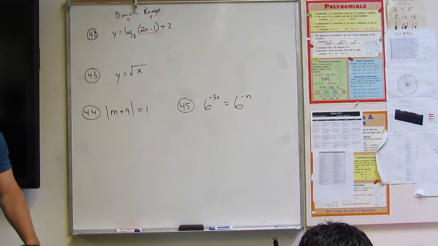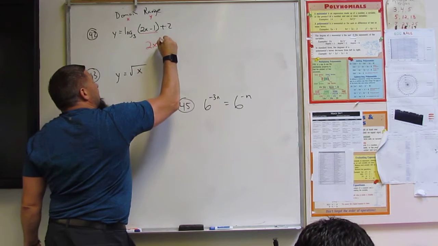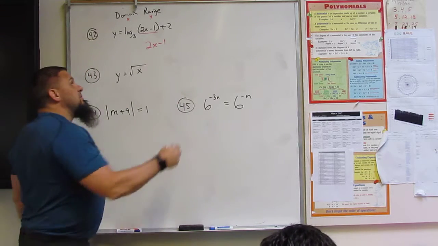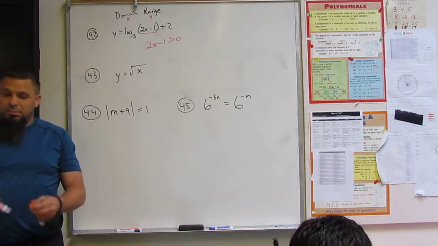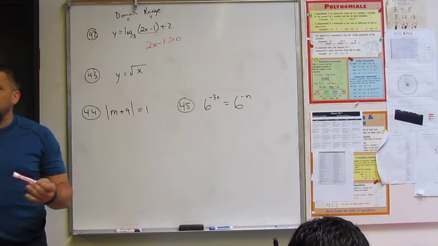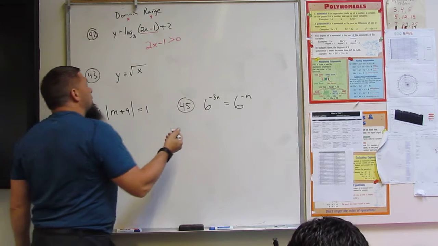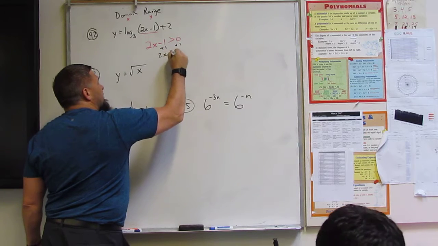Okay? And then the other thing I want to make sure is that this is greater than 0. Can I solve that? How do I solve it? Plus 1. So 2x has to be greater than 1.